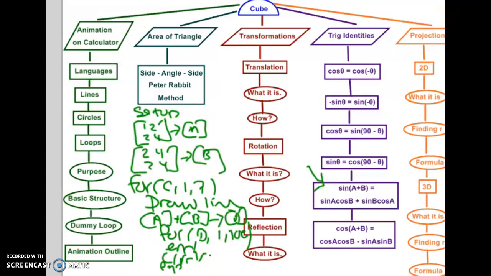Maddie with a Y. You're like the popular one today. What operation do you use to add matrices? You use addition to translate matrices. Good. Moving on.